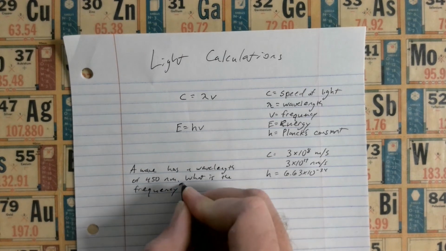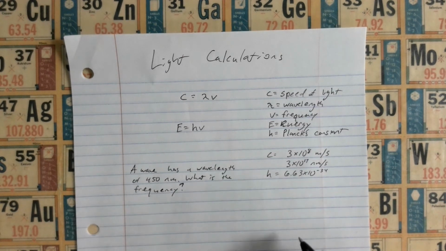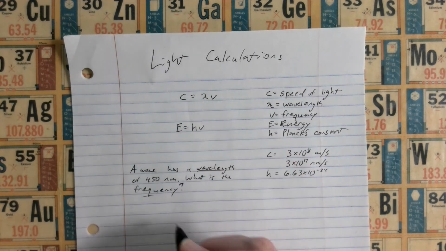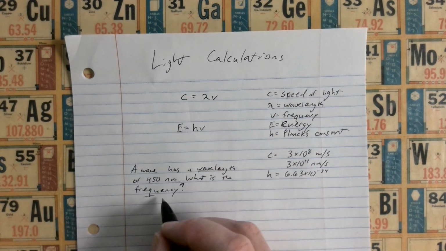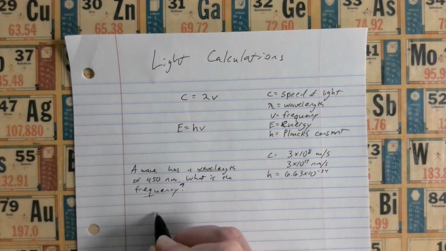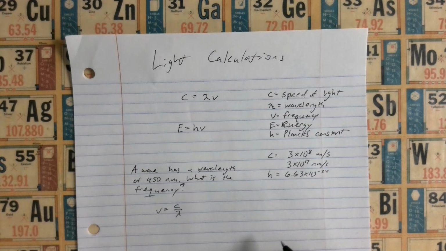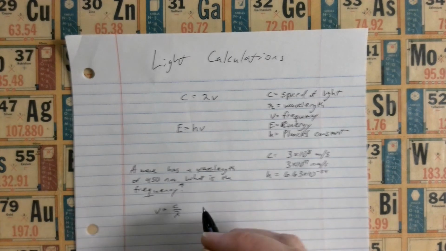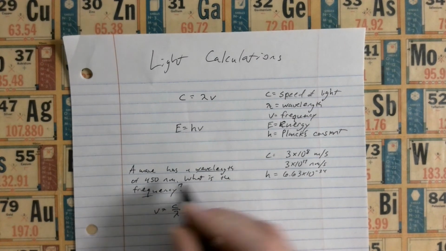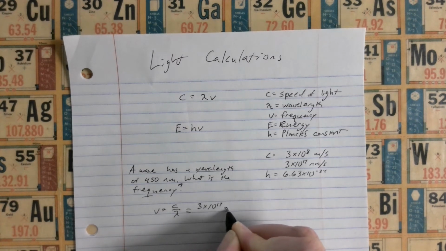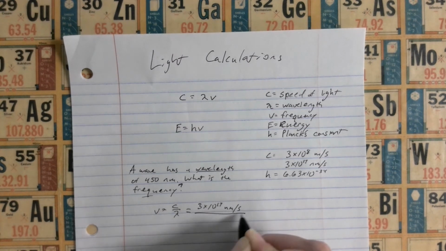Okay. So if I'm given wavelength, I'm solving for frequency. That means I'm going to use this equation, and if I rearrange it to solve for frequency, v equals c over lambda. So speed of light, and since my wavelength is in nanometers, I'm going to use the 3 times 10 to the 17th nanometers per second over 450 nanometers.